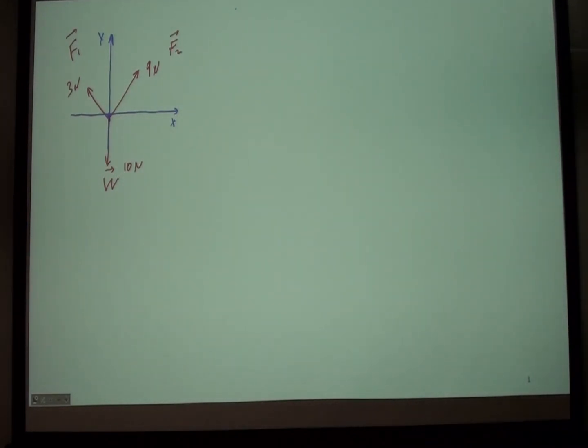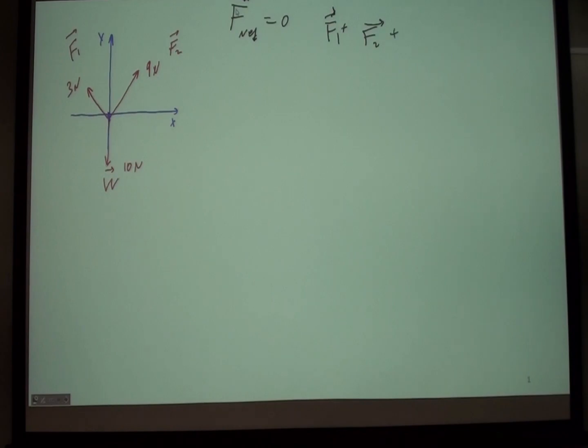Now we say that because that little nut is in equilibrium, the net force acting on it must be equal to 0. Net means the sum of all forces, so F1 plus F2 plus W is equal to 0.